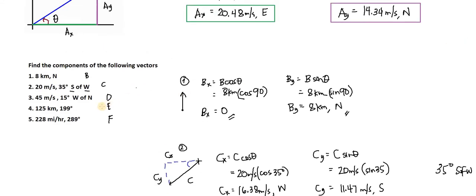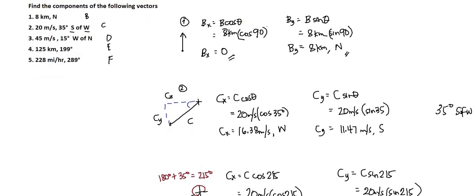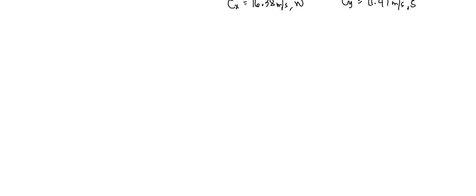Okay, so for number 3, solve natin yung number 3. Copy natin muna si number 3. Dito na tayo mag-solve sa gilid. For number 3, we have here 45 meter per second, 15 degrees west of north.